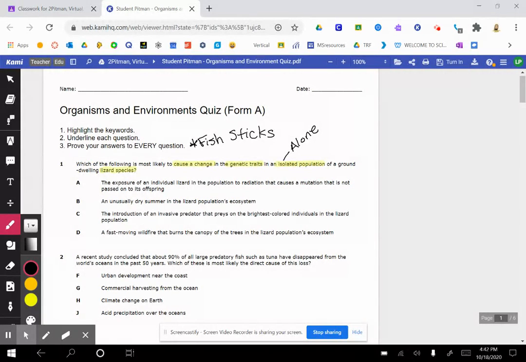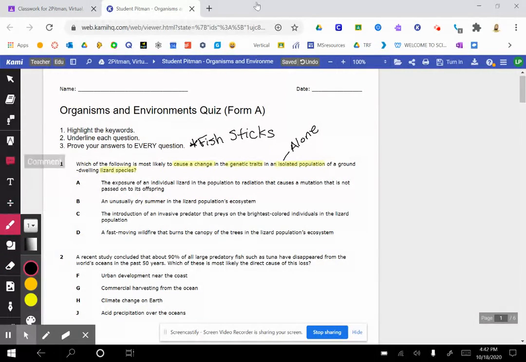So let's take a look at this. A says the exposure of an individual lizard in the population to radiation that caused a mutation that is not passed to its offspring. So coming back to my question, it says cause a change in genetic traits. Let me get my eraser.